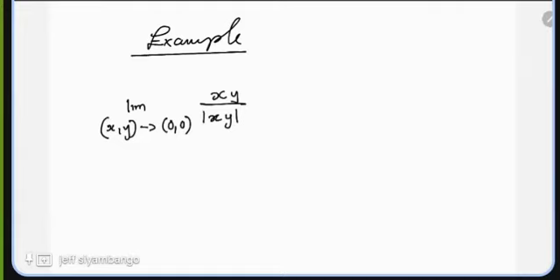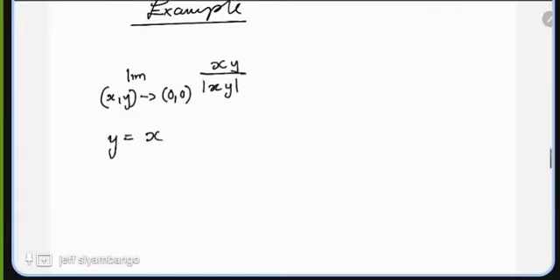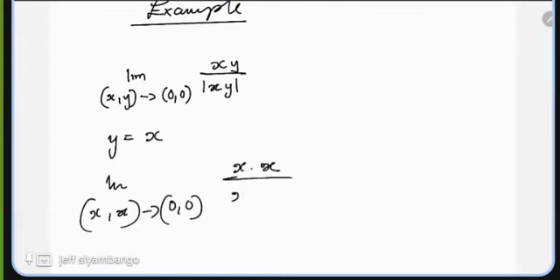So let me try along the path y equals x. If I try along the line y equals x, then I have the limit as (x, y) approaches (0, 0), but for that path x and y are the same. So it's basically just like I'm dealing with just x. So I have x over x, so that now I have x squared, x approaching 0, x squared.